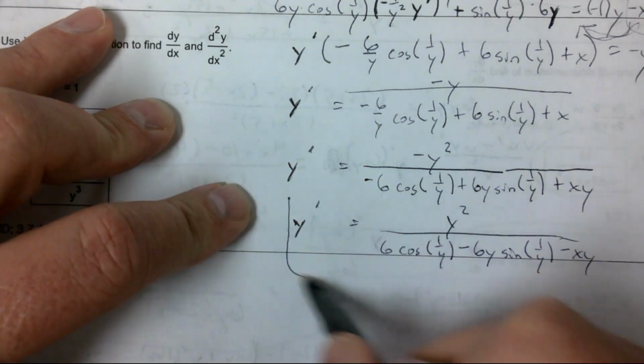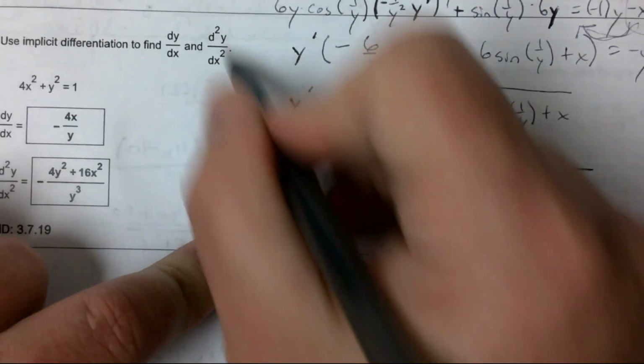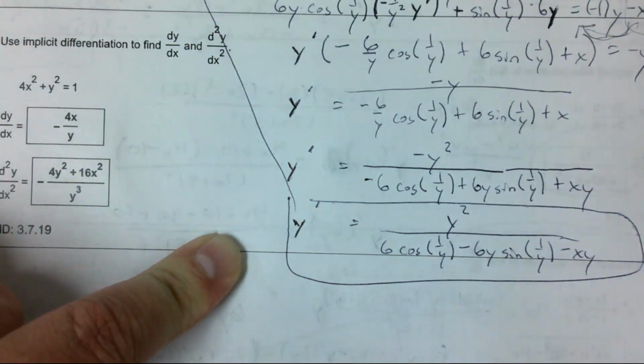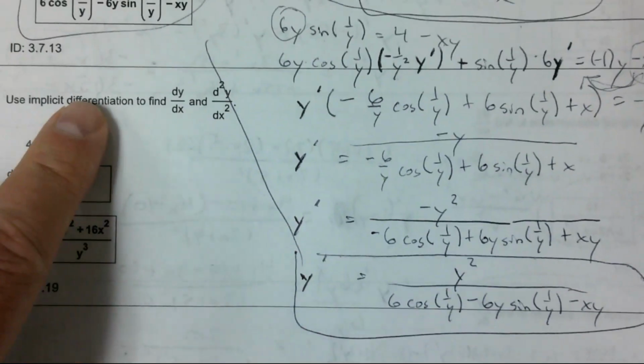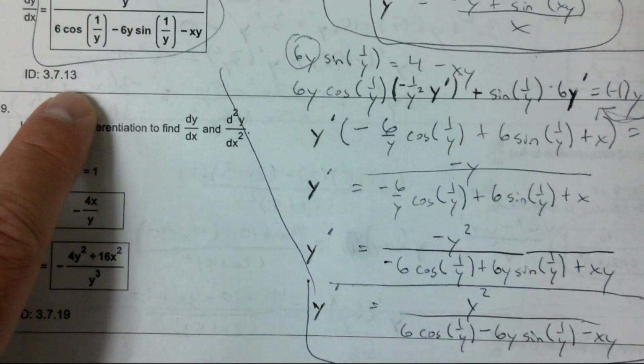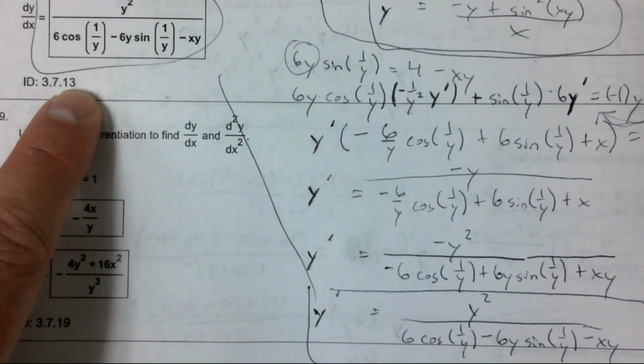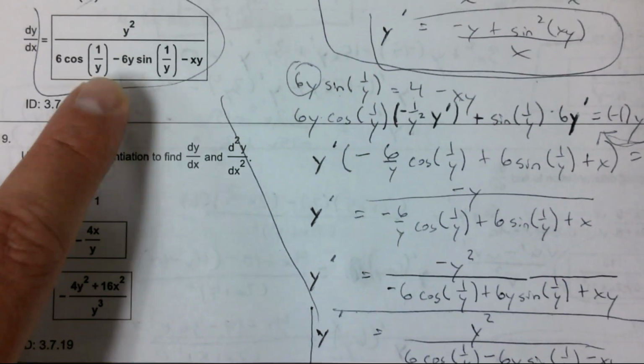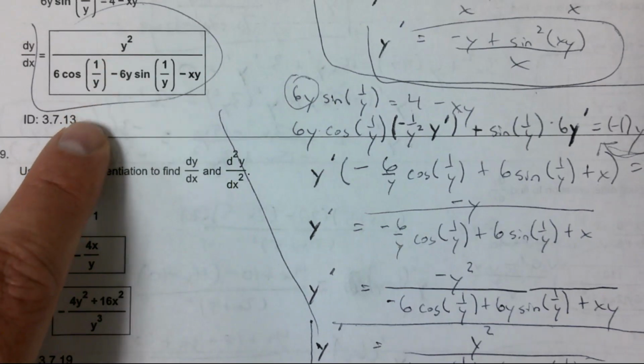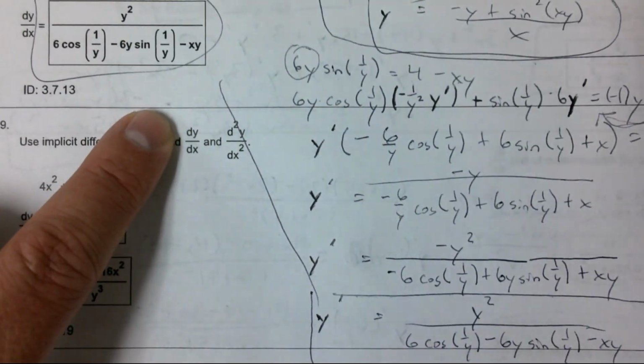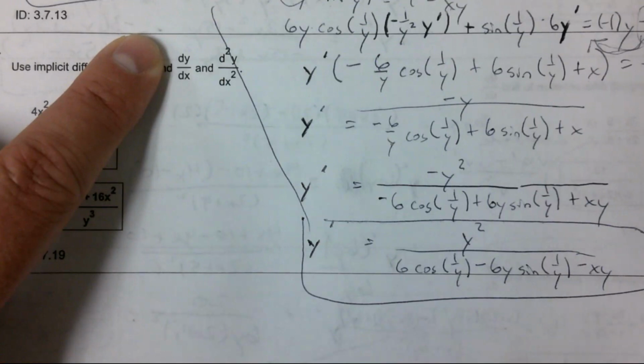And that's our answer. So that matches. Y squared is in the numerator, and then this 3 expression part is in the denominator.